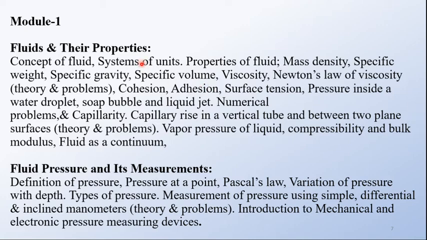We'll be learning many things about properties of fluids and their measurements, and then in the second course outcome we'll be studying pressure, the laws involved, how to measure, etc.